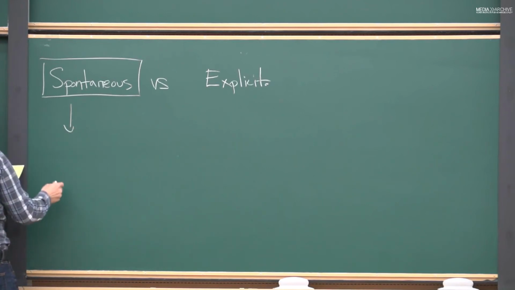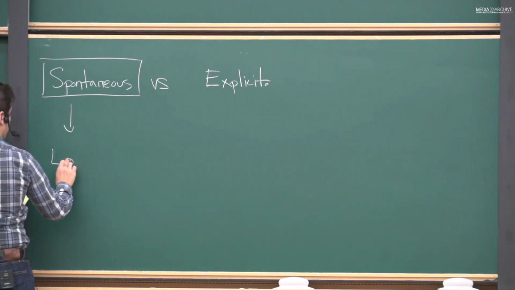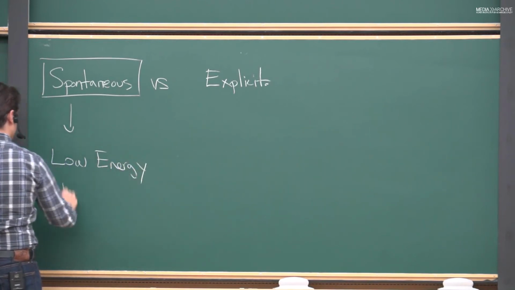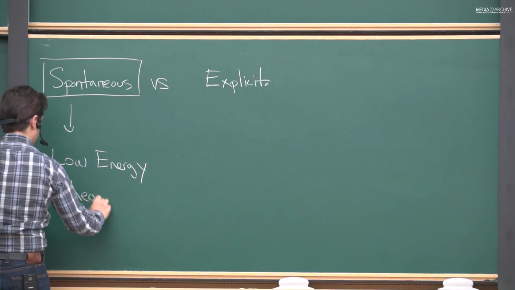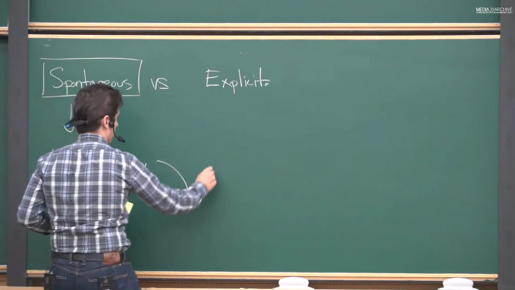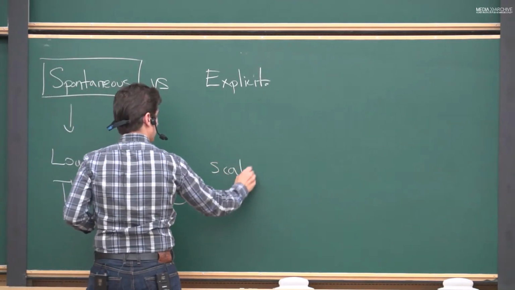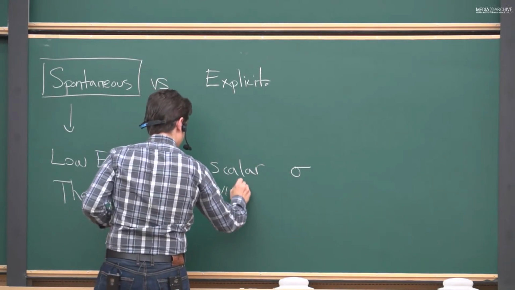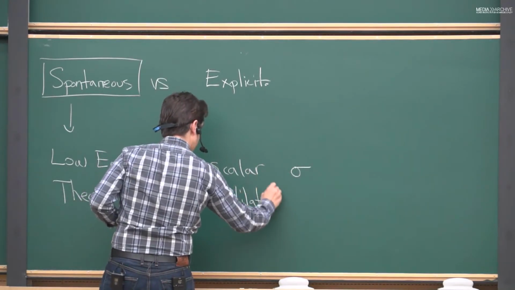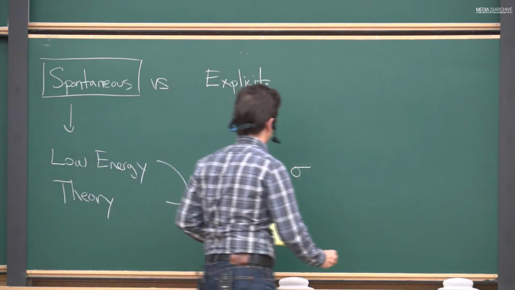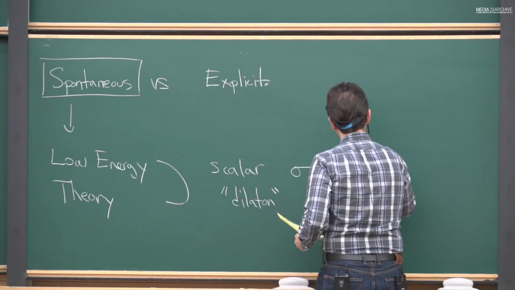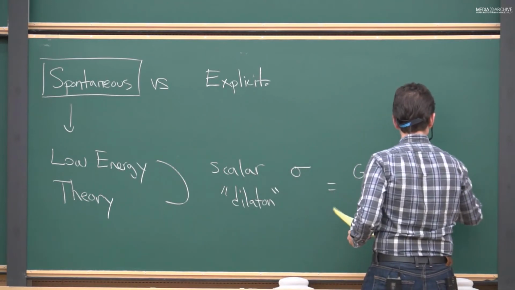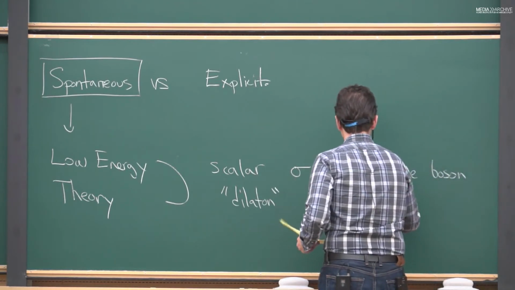Here, we know that the low energy theory contains some scalar field, which is called the dilaton. And this is the Goldstone boson for breaking scale invariance.